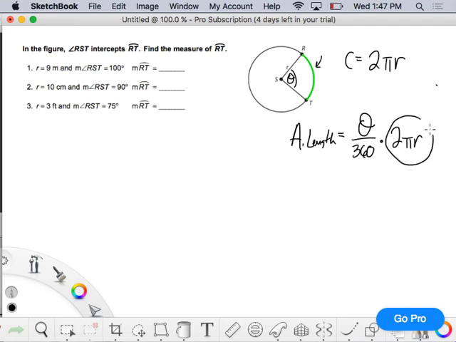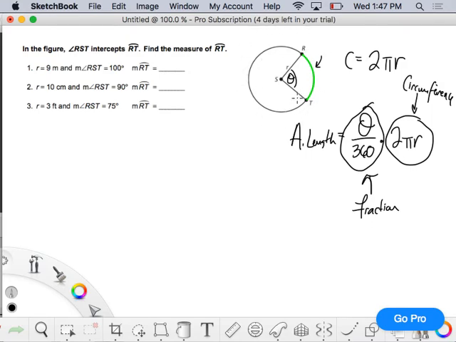So 2 pi r we know is the circumference. But theta over 360 is the fraction of the circumference. For instance, if theta was 360 degrees, then the arc would be the whole circle.